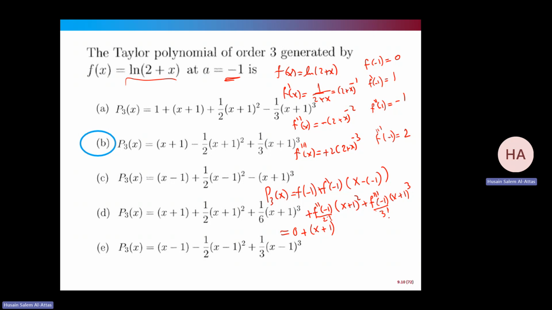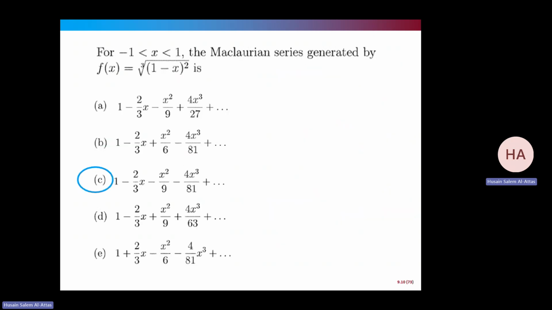So this is minus half times x plus 1 squared. Here I have 2, and 3 factorial is 6, so that will be plus 1 over 3 times x plus 1 cubed. So this will be my answer: x plus 1 minus half x plus 1 all squared plus 1 over 3 x plus 1 all cubed.